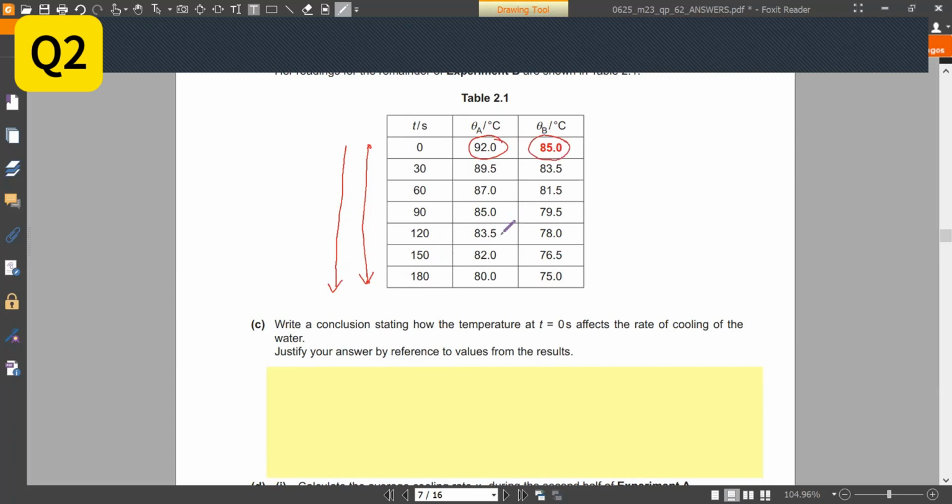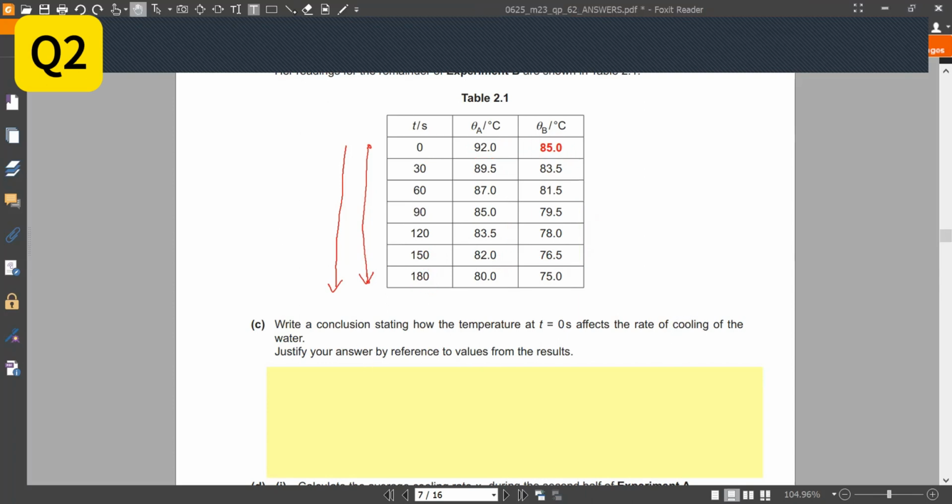When the initial temperature is different, the final temperature is also different. So another main thing we look at is how much the temperature has dropped over the same period of time. That is related to the rate of cooling.